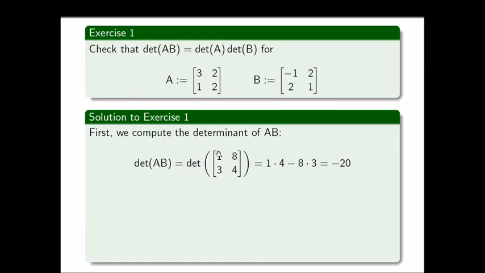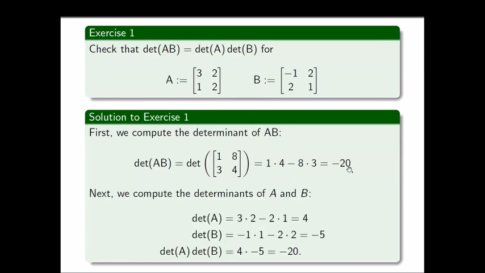Its determinant is 1 times 4 minus 3 times 8, and that's 4 minus 24, which is minus 20. Next, we can compute the determinants of A and B. The determinant of A would be 3 times 2 minus 1 times 2, that's 4. And the determinant of B is minus 1 minus 4, that's minus 5. And 4 times minus 5 is minus 20.